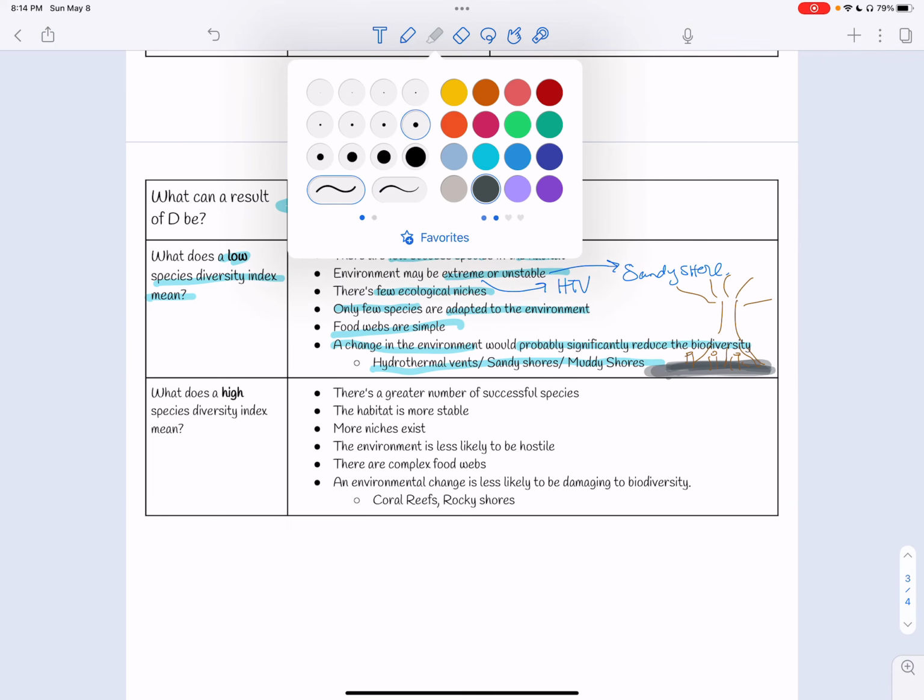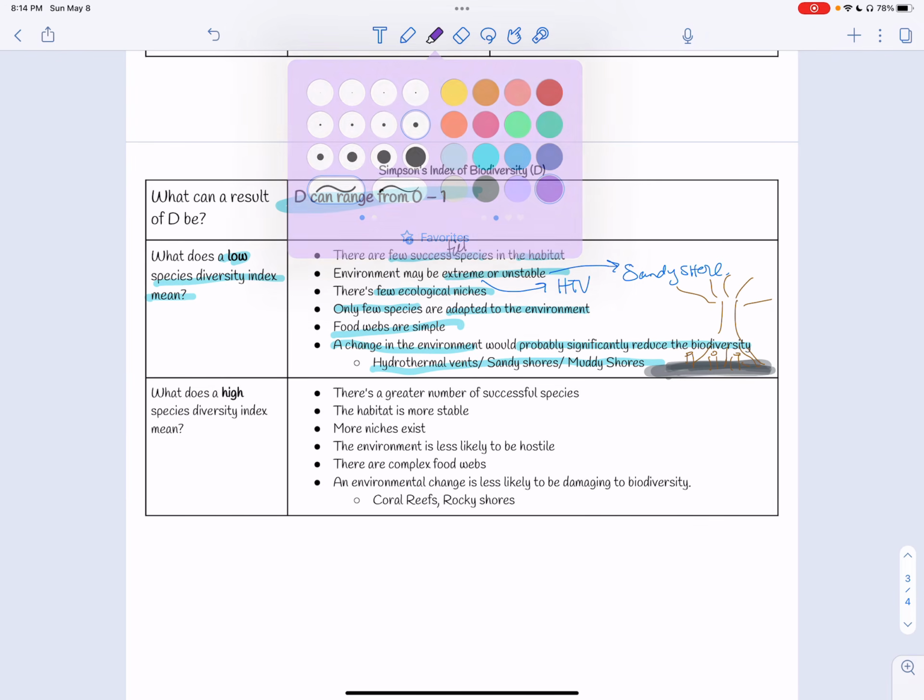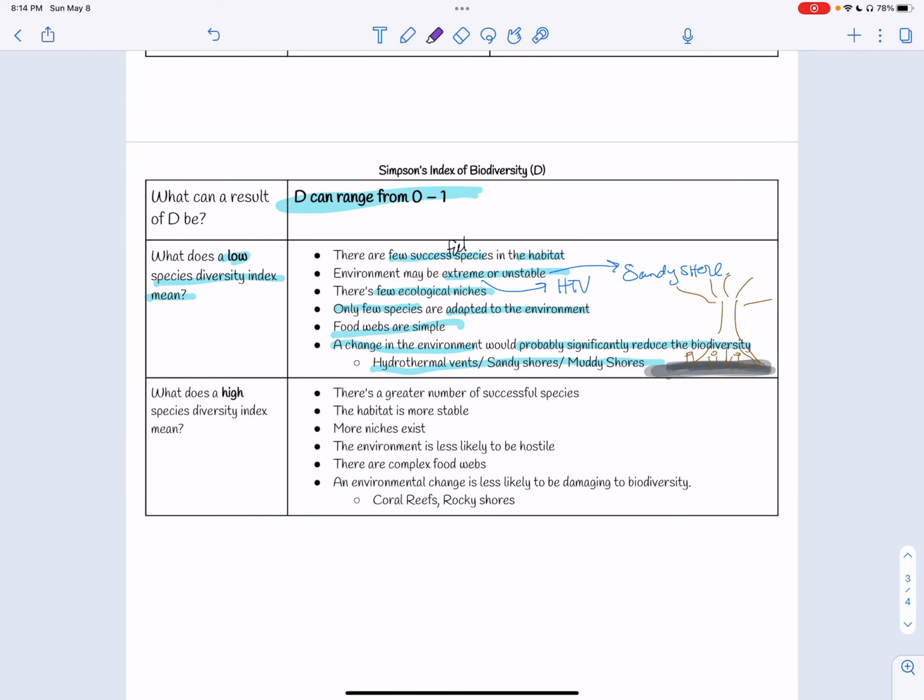If it's a high biodiversity index, so in the higher range of like 0.5s, and that would even be in the middle, but obviously the highest would be in the 0.9s, we know there's a greater number of successful species. The habitat is stable, so organisms are able to live there and adapt to it because they only have to adapt and live in the conditions that they're facing all the time.